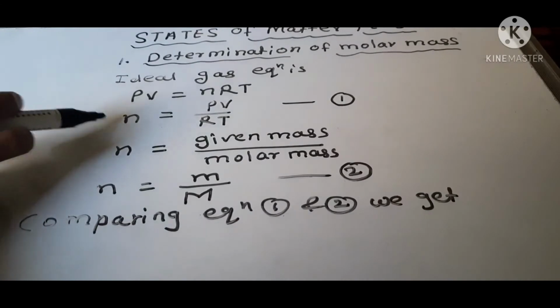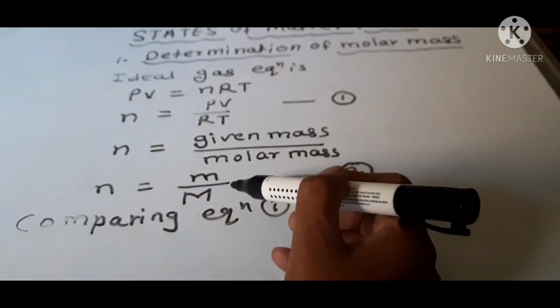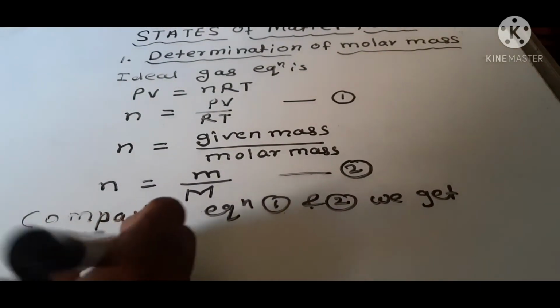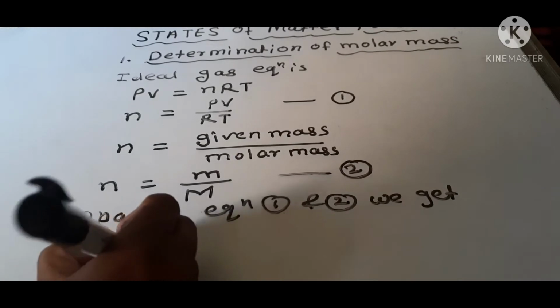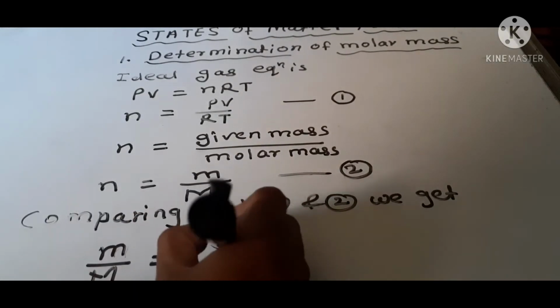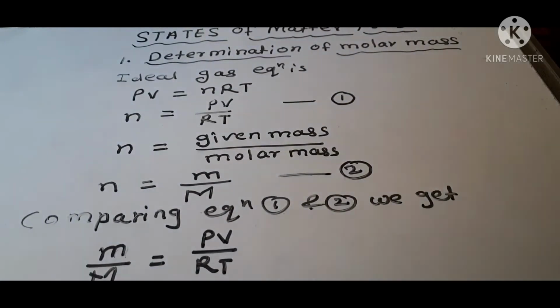this n and n, the LHS are equal, so the RHS are also equal. So small m upon capital M equals PV upon RT.